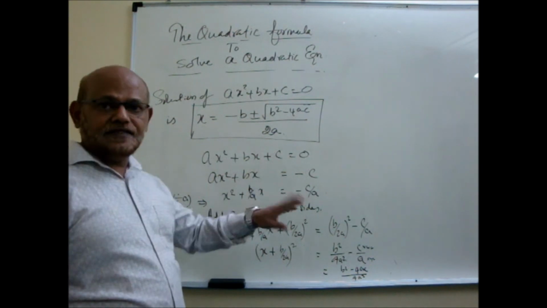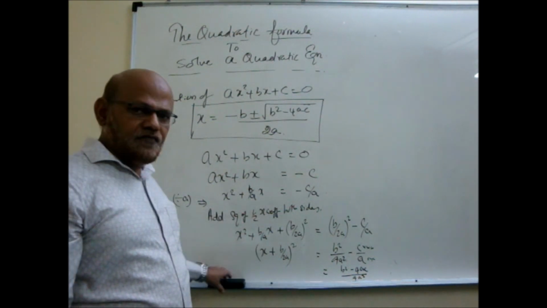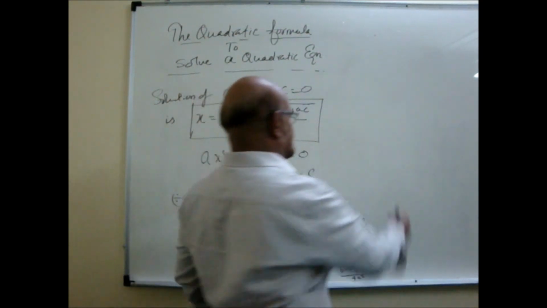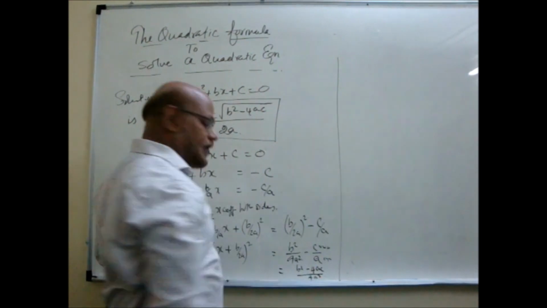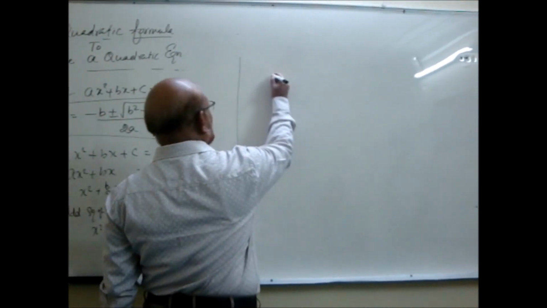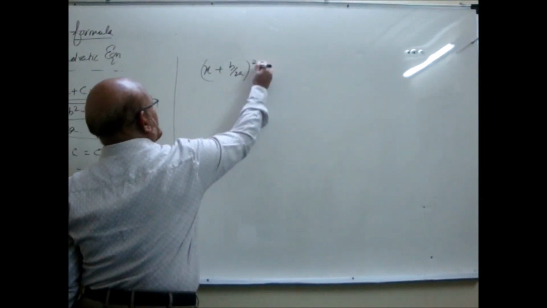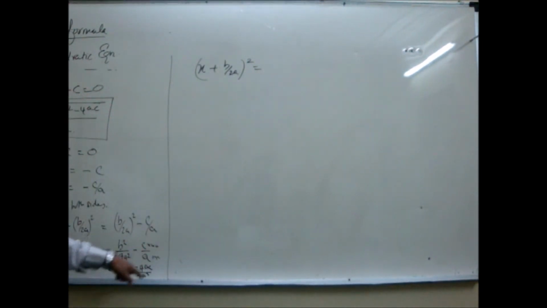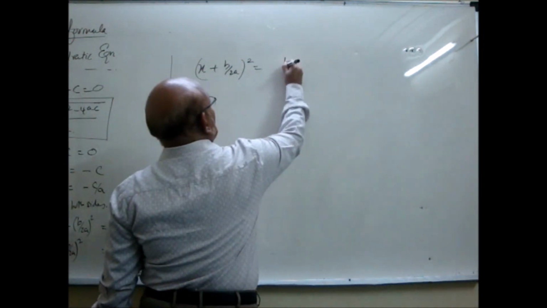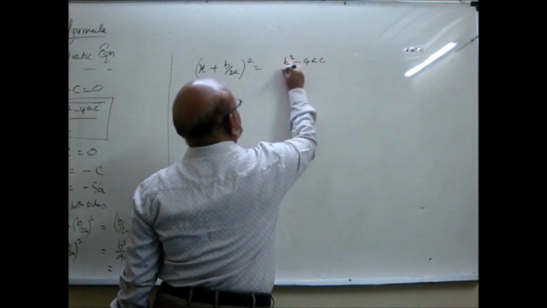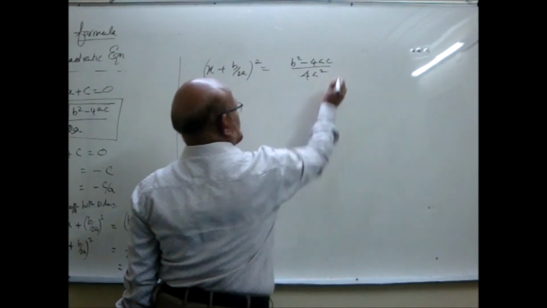Now I take the square root on either side so that I can find the value of x. So x plus b by 2a the whole square is equal to b square minus 4ac by 4a square.